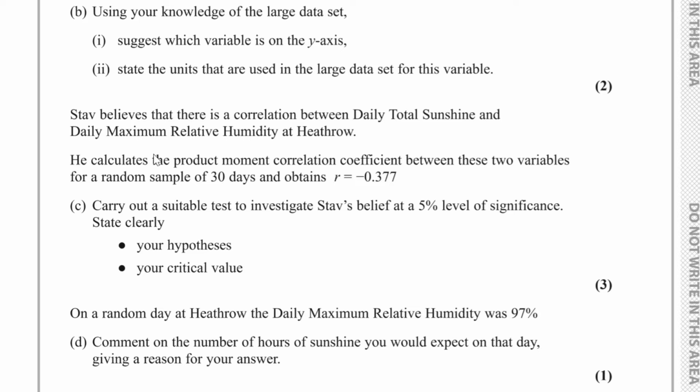Part C of the question, Stav believes there is a correlation between daily total sunshine and daily maximum relative humidity at Heathrow. He calculates the product moment correlation coefficient between these two variables for a random sample of 30 days, and he obtains a value of R being minus 0.377.